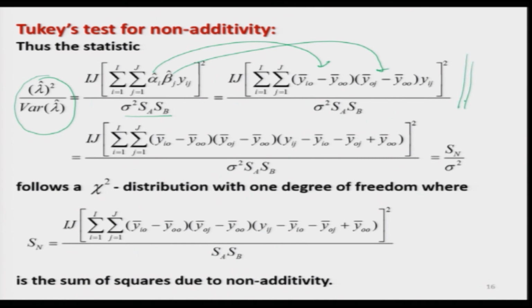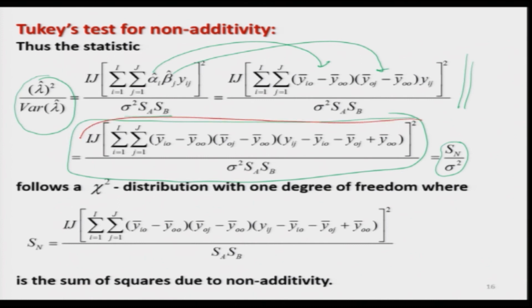Then if you write down the expression and simplify it, you get this quantity, right. And I am indicating this quantity as Sn upon sigma square. So, this Sn is this term, from here to here. This is your capital Sn.